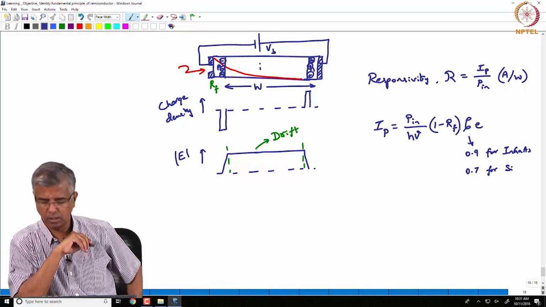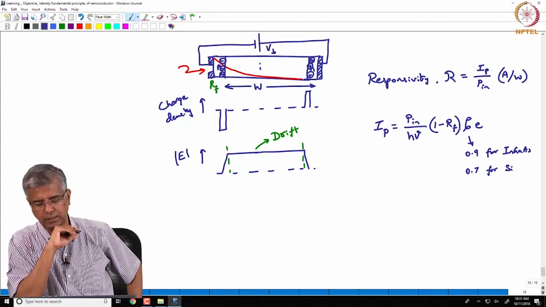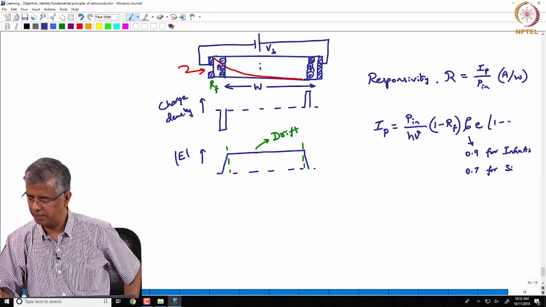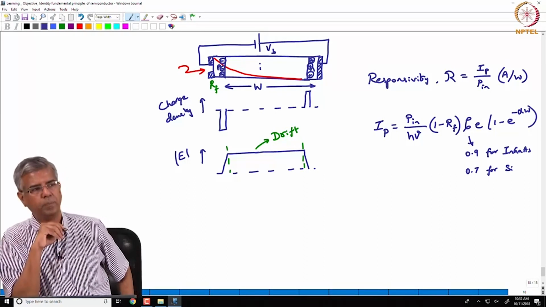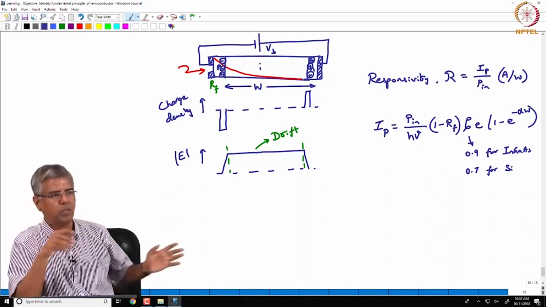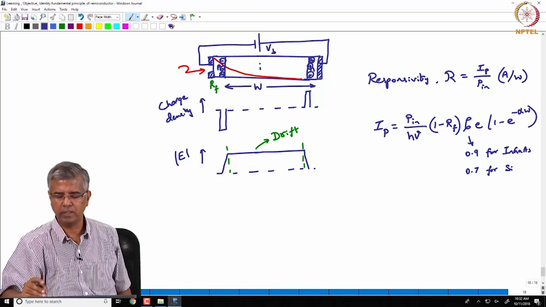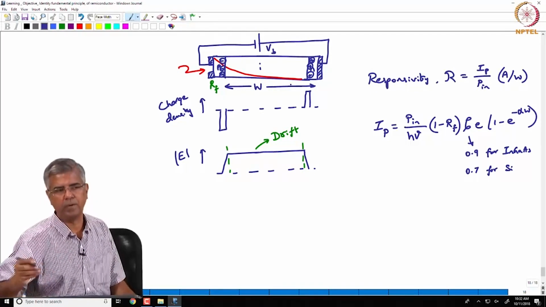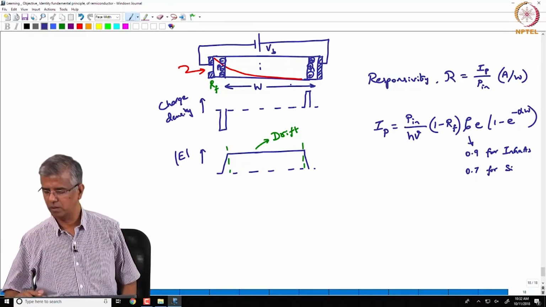And then of course, you are generating charges, so you can represent that electronic charge as E, and then the amount of light that is absorbed within this medium is going to be given by a factor 1 minus e power minus alpha multiplied by W, right. If W is the width of your structure, e power minus alpha times W is the fraction of power that you have at the end of the device. So, the power absorbed will be 1 minus e power minus alpha W. Okay.